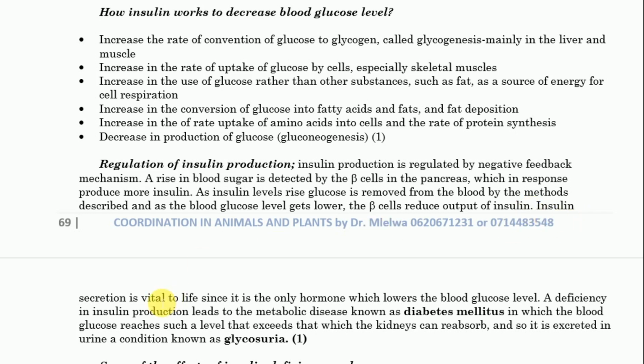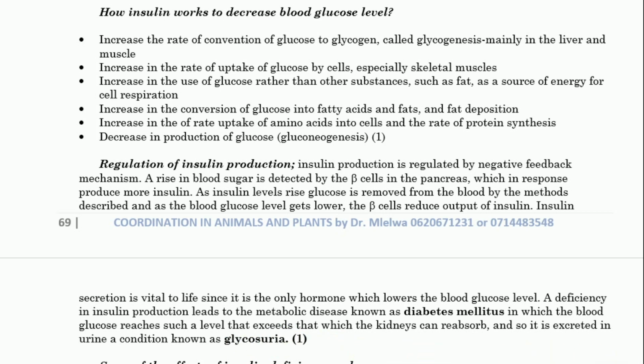Insulin secretion is vital to life since it is the only hormone which lowers the blood glucose level. A deficiency in insulin production leads to the metabolic disease known as diabetes mellitus, in which the blood glucose reaches such a level that exceeds that which the kidney can reabsorb, and so it is excreted in urine, a condition known as glycosuria.